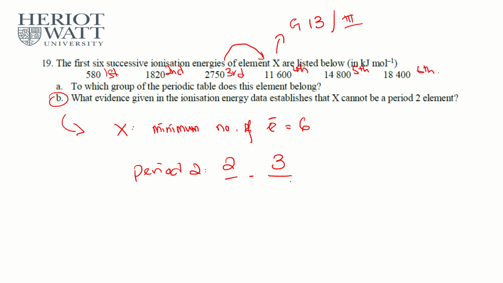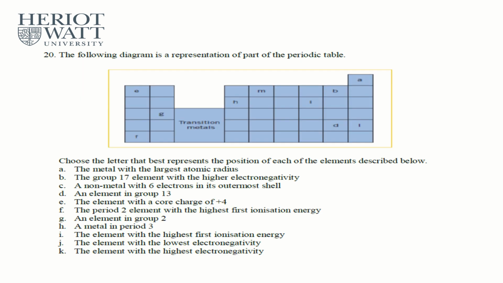So this is the only valid configuration for period 2 X. And how many electrons here? Equals 5. But we know that X should have a minimum of 6. Therefore, X cannot be a period 2 element. Okay, so that's for B.